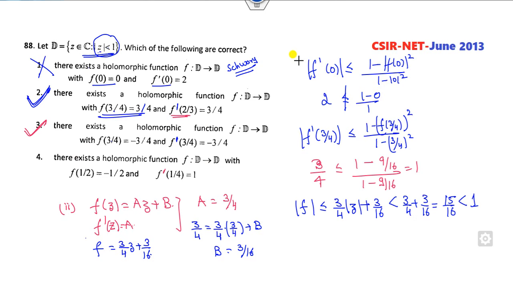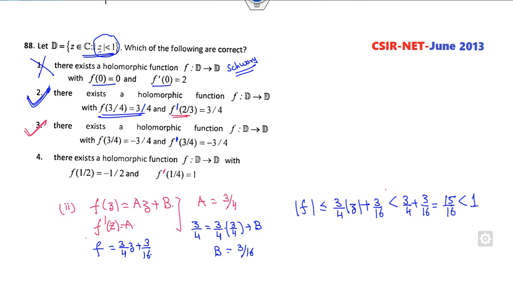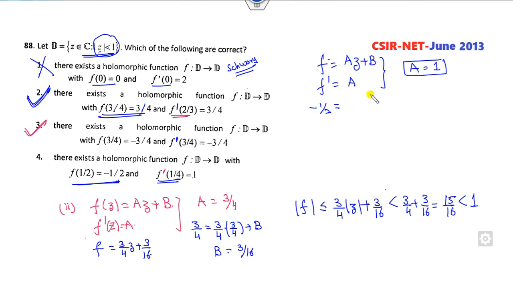Look at the last option. Again, if I consider the function as f(z) = az + b, then f'(z) is a. So what is that? f'(1/4) is 1. So a will be 1. If I substitute here at this point, the left hand side is minus half, a is 1, z is half, b is here. So b will be minus 1. So what is the function? f(z) = z − 1.